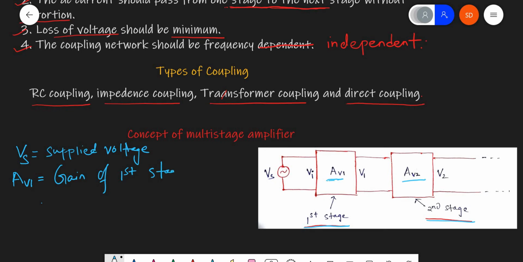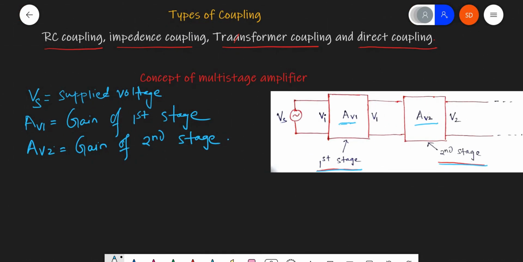AV1 is the gain of the first stage and AV2 is the gain of the second stage. I'm talking about the voltage gain. For the first stage, the supplied voltage is the input voltage, Vs is equal to Vi.